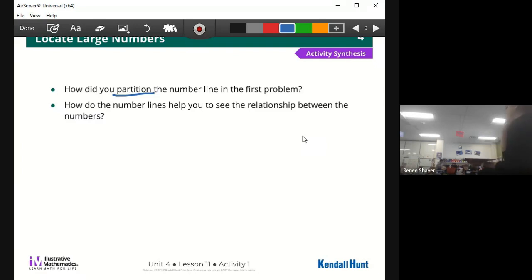Exactly. We knew it was three away from half, so we knew just a little to the left, right? Okay. And how do the number lines help you guys to see the relationship between the numbers? Aaron.